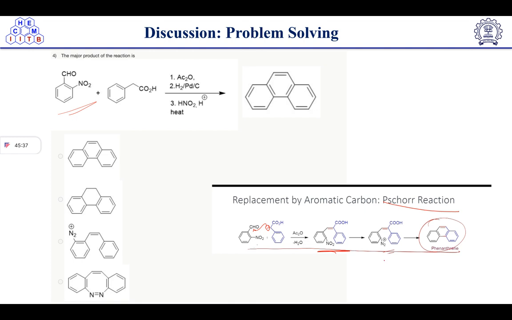It will form an NH2, and then that NH2 will get converted to diazo by this. So H2 reduction is given, right? H2 Pd/C. Nitro to amine reduction with H2 Pd/C is well known.